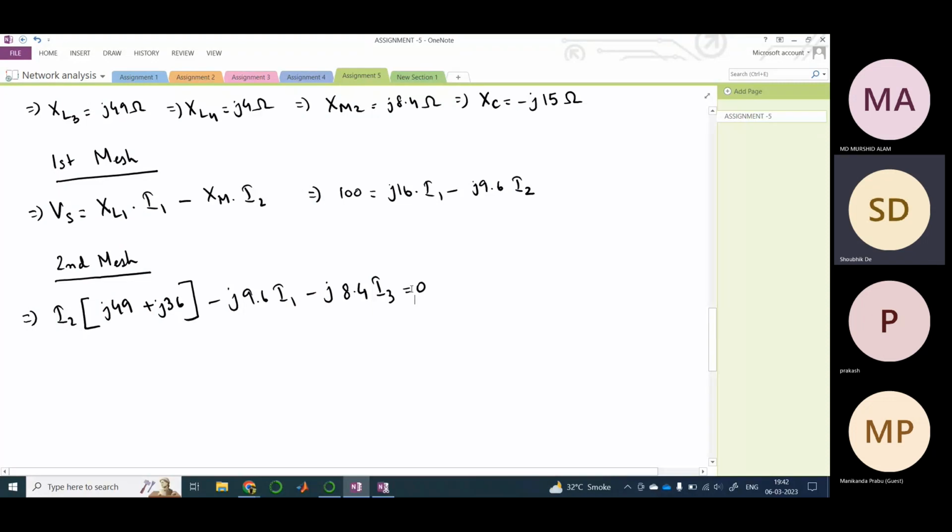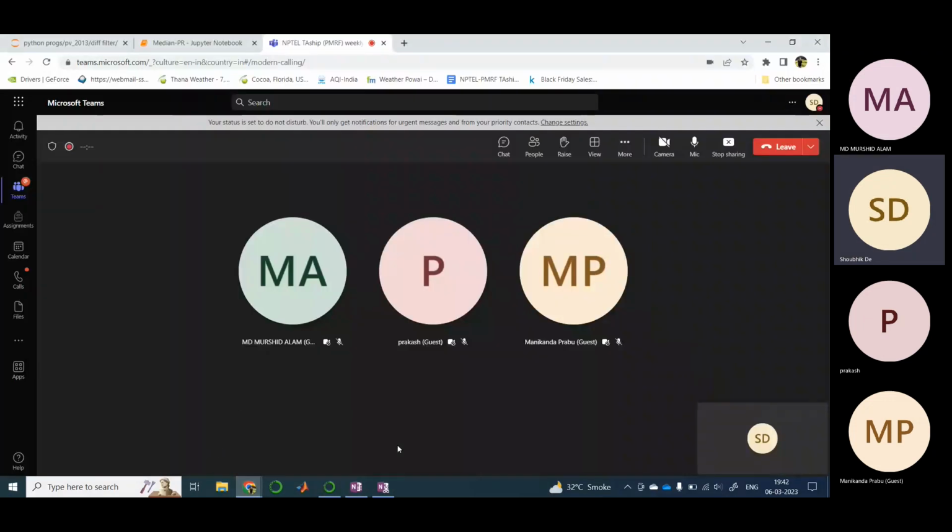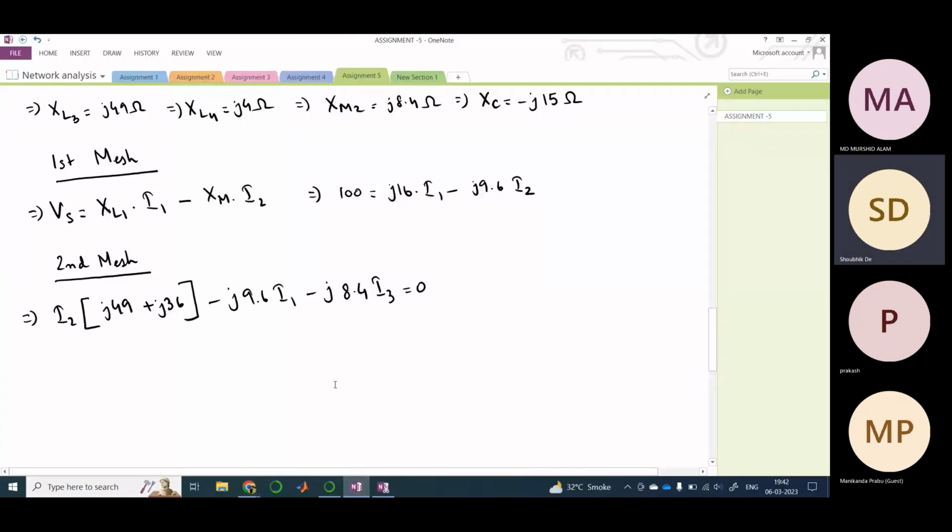So I'll just stop here. I hope this is clear. If you have any doubt, you can ask. I hope it is clear, right? It is pretty simple. That is why I'm going slowly. I'm not hurrying the things. So what is 49 plus 36?